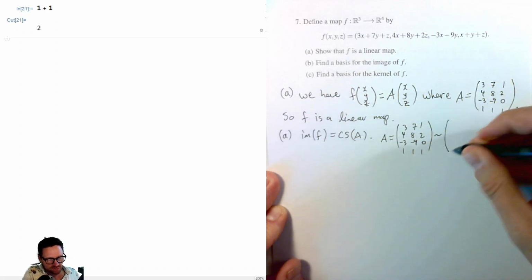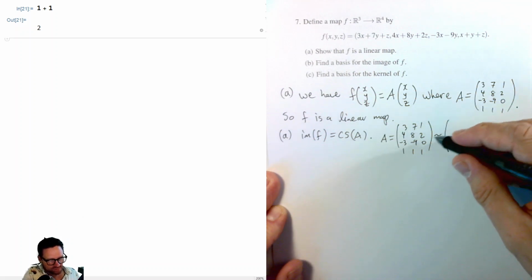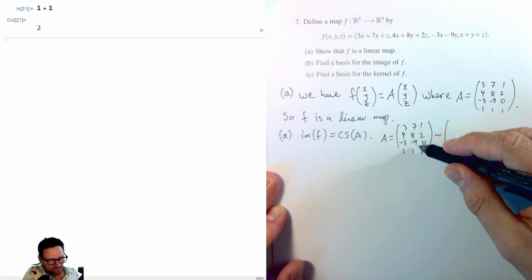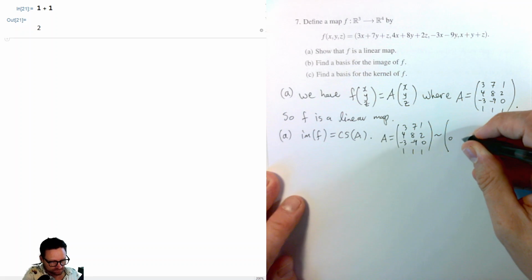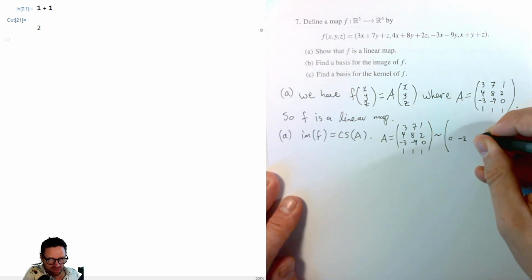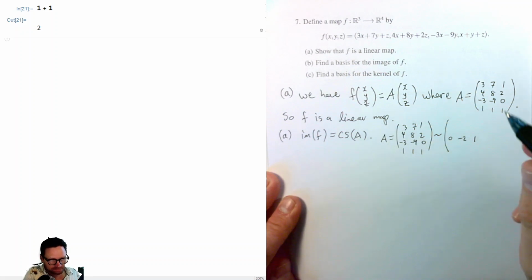Okay, now replacing row 3 with the sum of row 3 and row 1, we have 0, minus 2, 1.